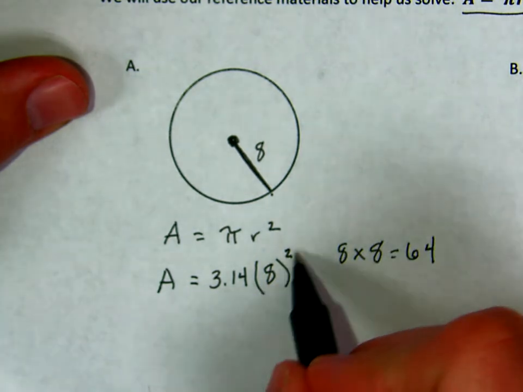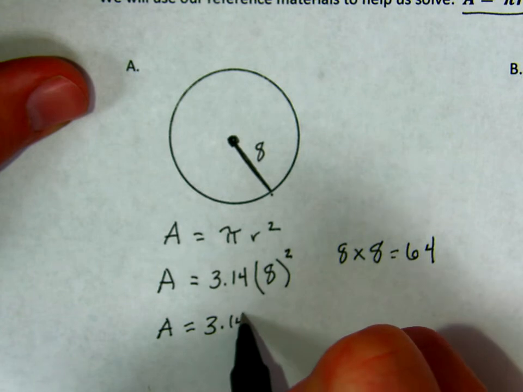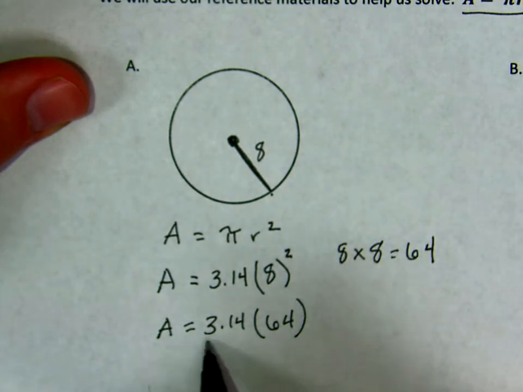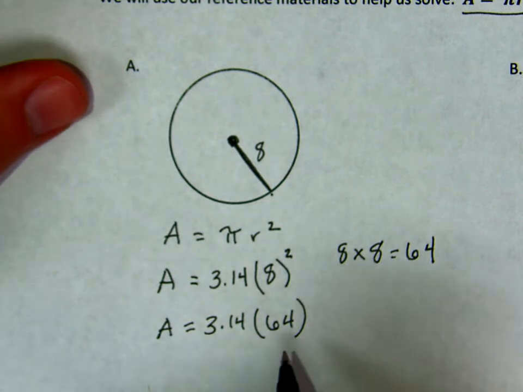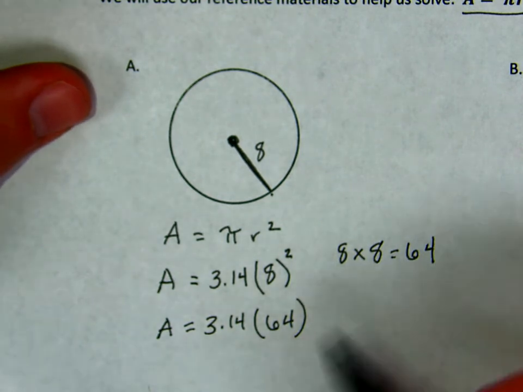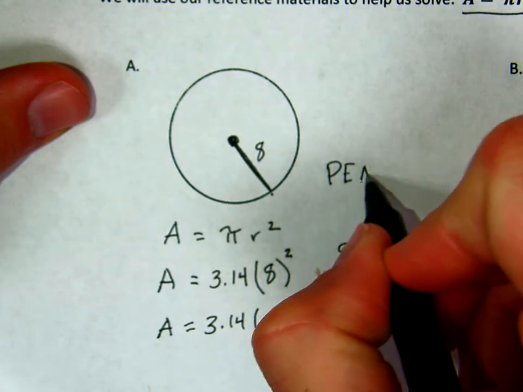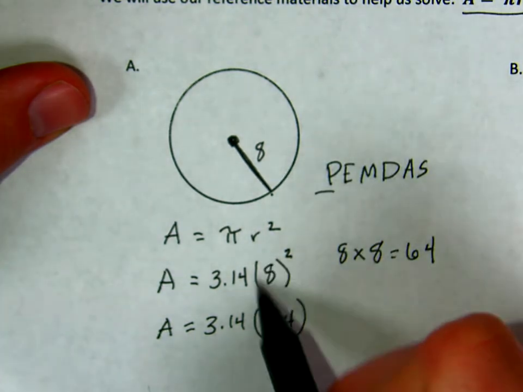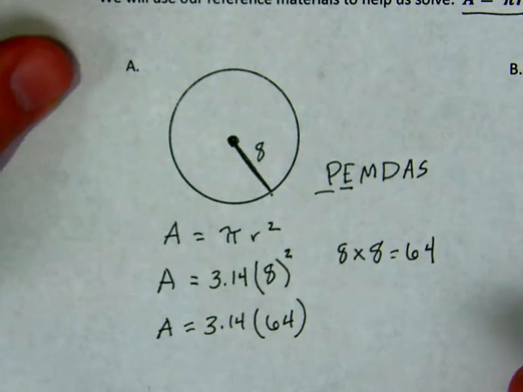So I can replace this now. Area equals 3.14 times 64. Now we can do multiplication here. I forgot to mention, don't forget your PEMDAS rules. Parentheses. We couldn't do anything inside the parentheses, so we left that alone. Then we moved on to exponents.